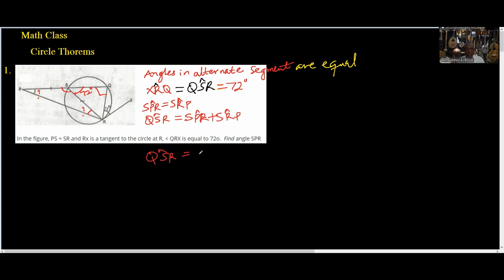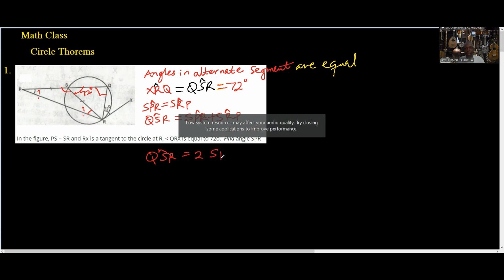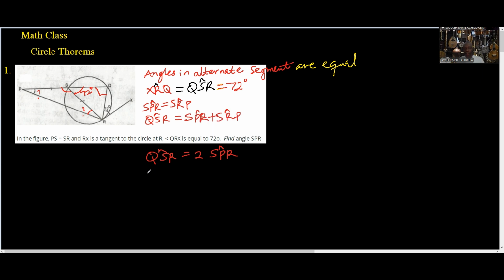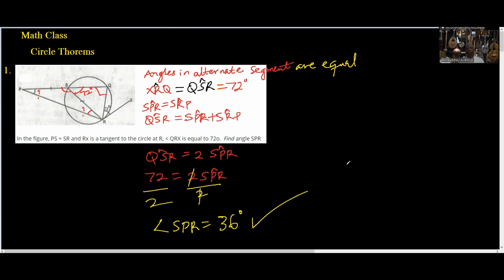QSR equals twice SPR that we're looking for. Then QSR is 72, so 72 equals twice SPR. Then we can divide both sides by 2 to get SPR. So angle SPR that we're looking for equals 36 degrees.